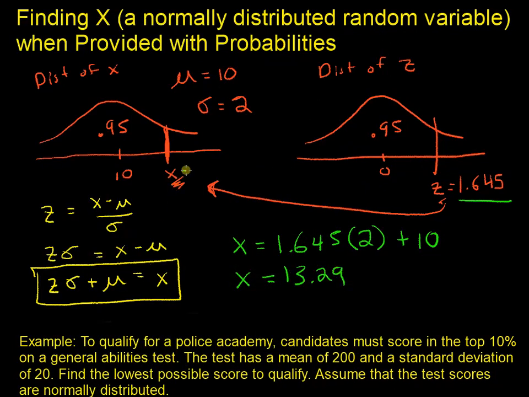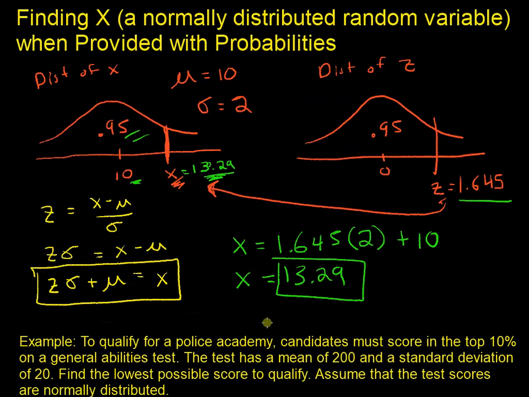And it makes sense. That's a number that's more than 10. It makes sense that 95% of the population would be less than this number, 13.29. So there we go. That's the 95th percentile for this distribution.